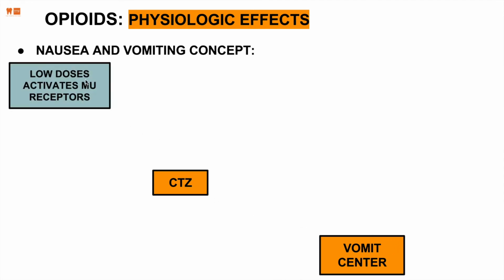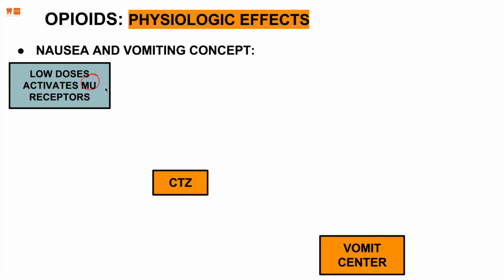Moving on, the nausea vomiting concept. Okay guys, let's get your pens and papers out. This chart will help us understand how opioids can cause nausea, vomiting, and how they can prevent it at the same time. So in our body, we have the CTZ, the chemoreceptor trigger zone. Right next to it, physically next to it, there's the vomit center. At low doses of opioids, we activate the mu receptors.